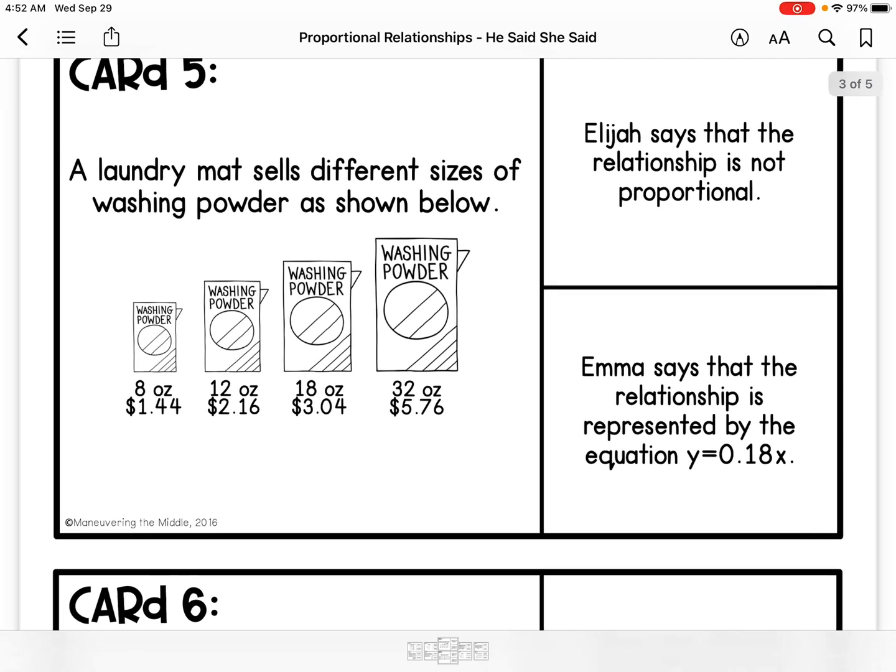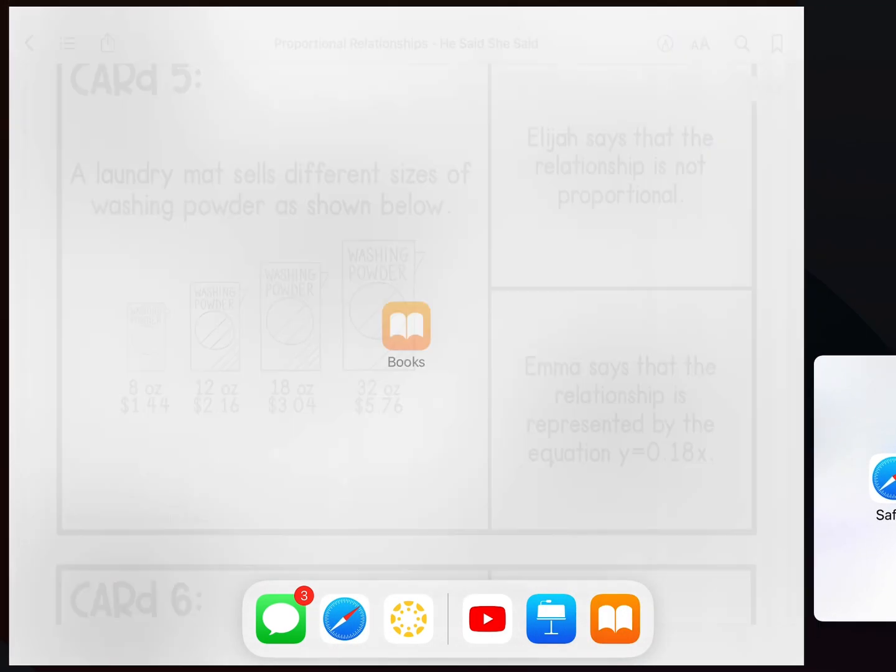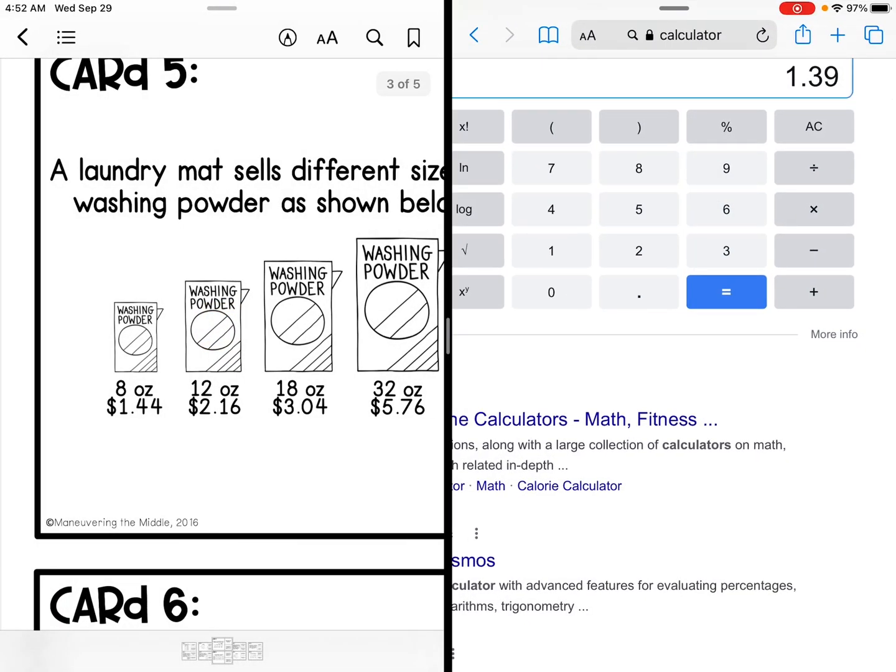The laundromat sells different sizes of washing powder as shown below. Elijah says the relationship is not proportional. Emma says that the relationship is represented by 0.18x. So I'm going to need my calculator. I'm going to divide each cost by the number of ounces.